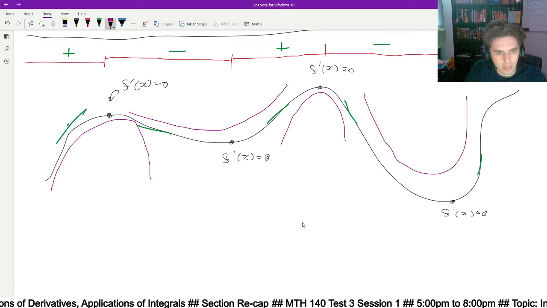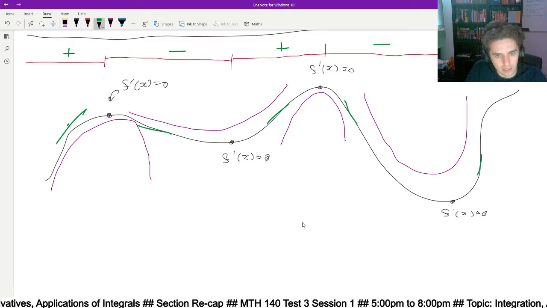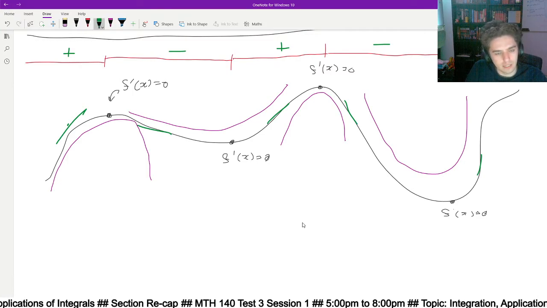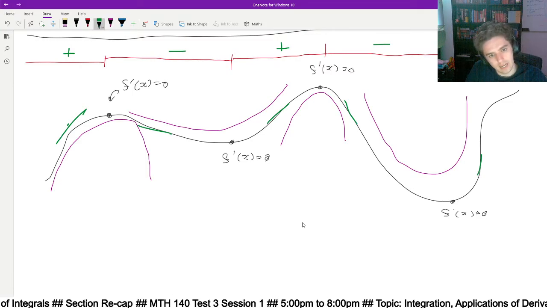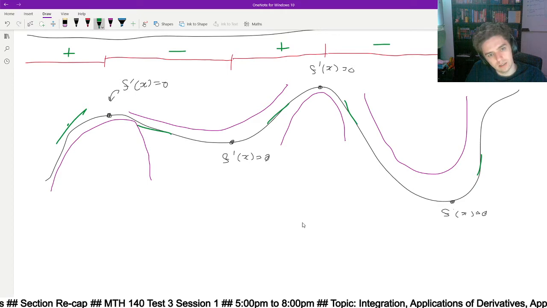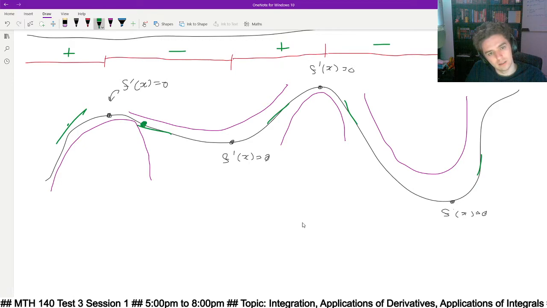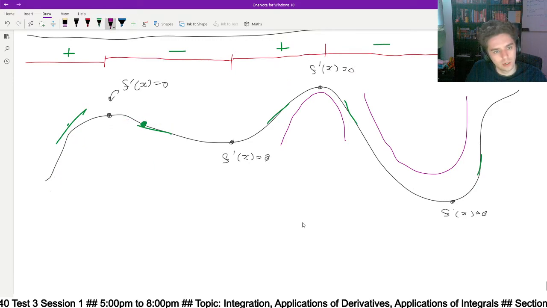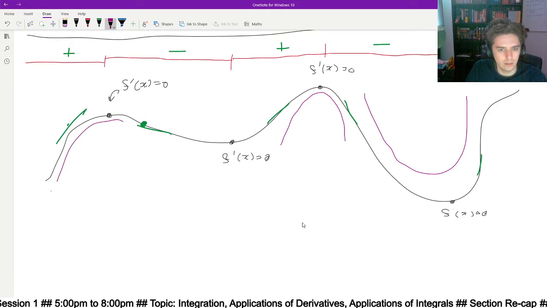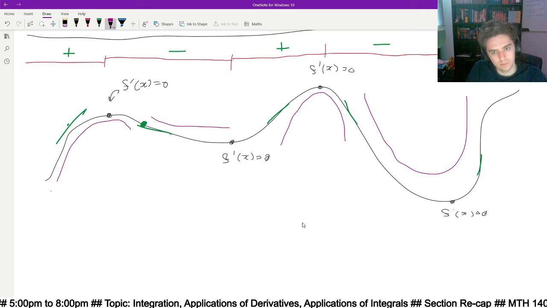Once again, we have these points called inflection points. My graph is not very nice, but here is an inflection point, where it goes from concave down to concave up.